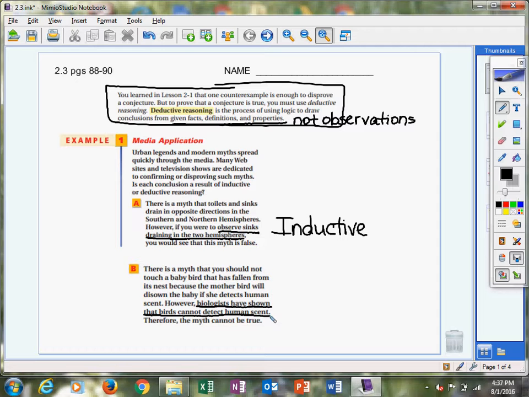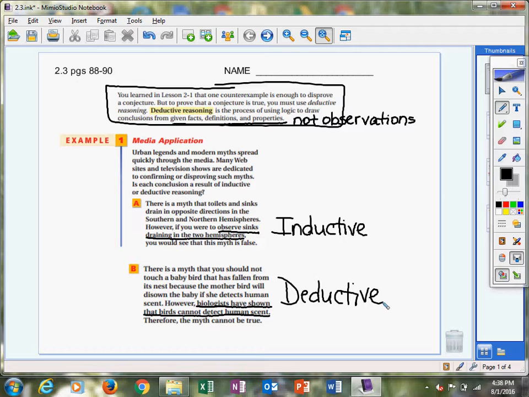We've been presented with a biological fact. And because it's scientifically proven, we would consider this deductive. Okay, we're not looking at a pattern of observation. We have actually been presented with a scientifically proven fact.